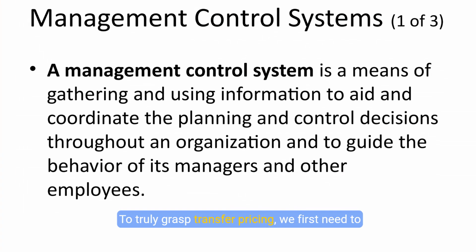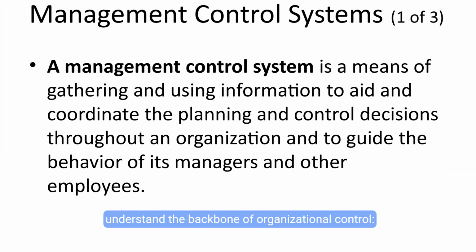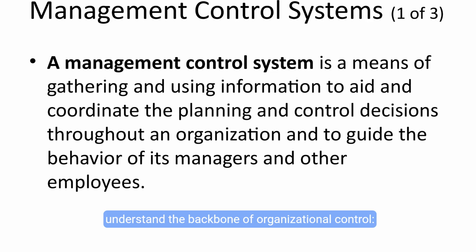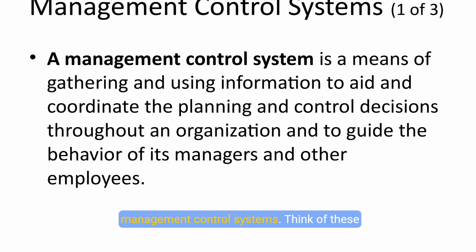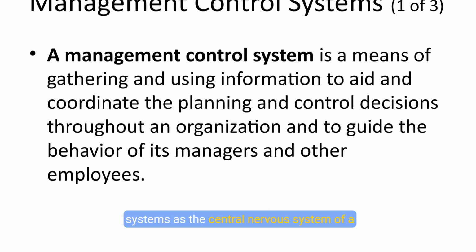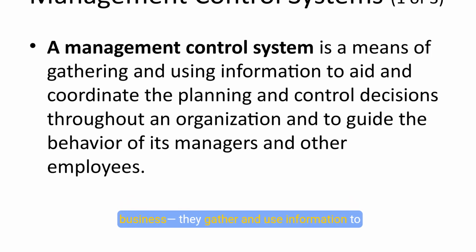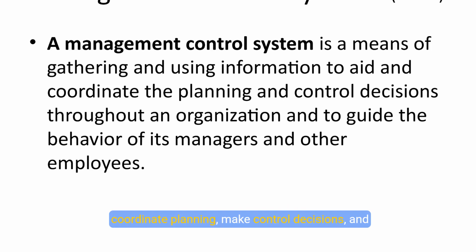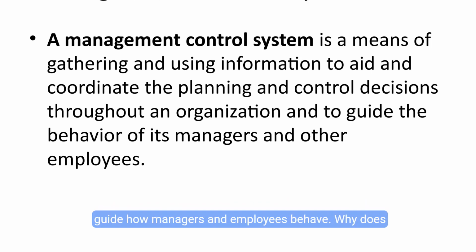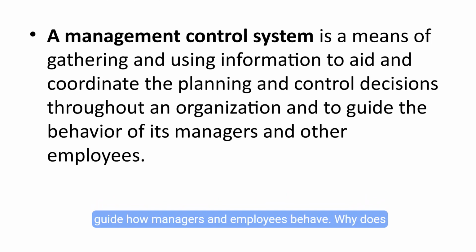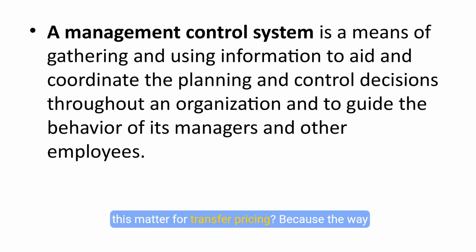To truly grasp transfer pricing, we first need to understand the backbone of organizational control: management control systems. Think of these systems as the central nervous system of a business. They gather and use information to coordinate planning, make control decisions, and guide how managers and employees behave. Why does this matter for transfer pricing?